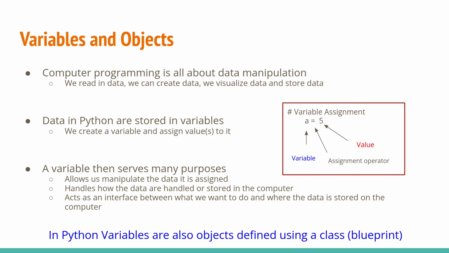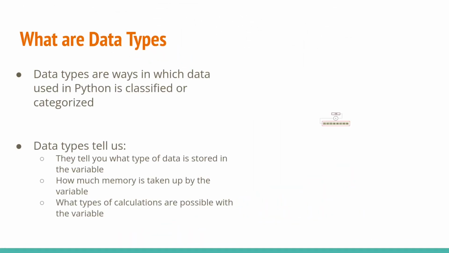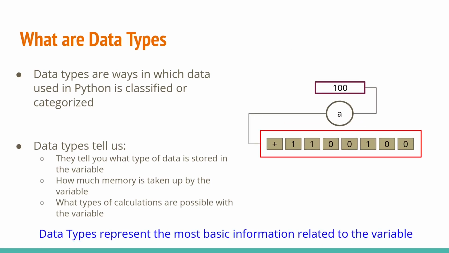Python is an object-oriented programming language, so all variables are also objects in Python. Data types are ways in which data in Python is classified or categorized. A data type tells us what type of data is being stored in that variable.